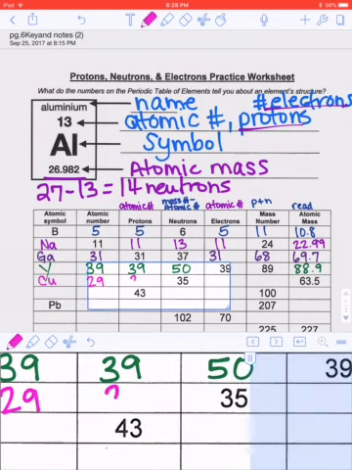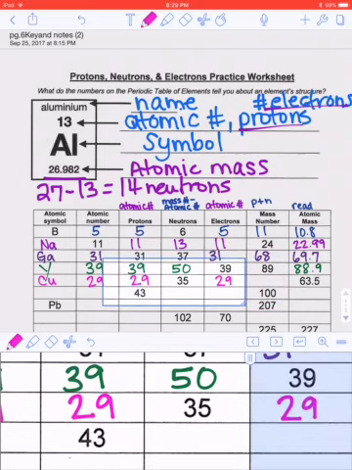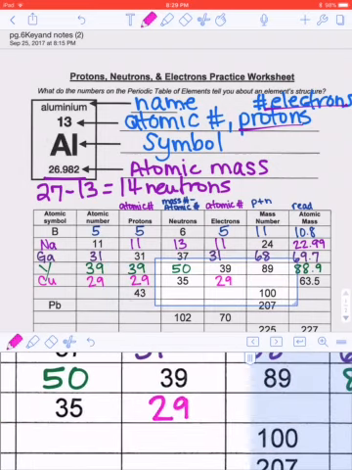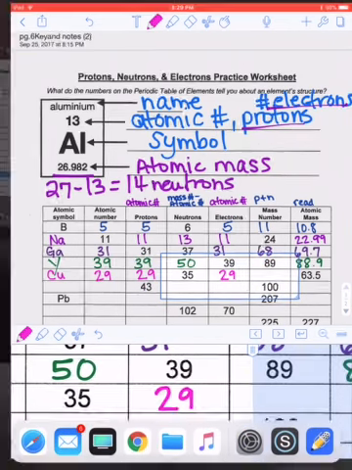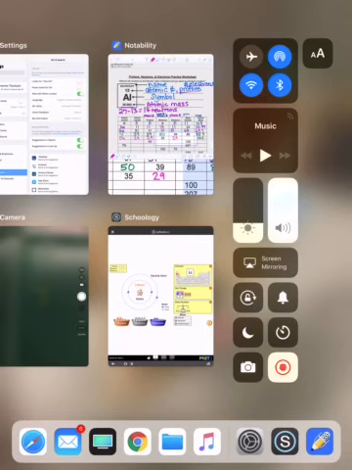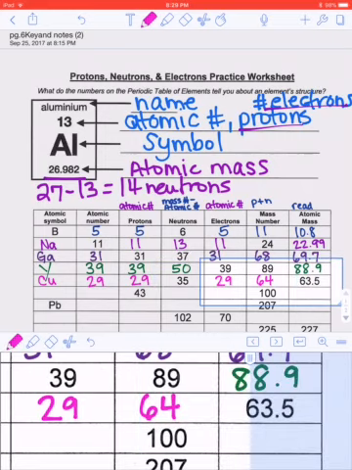Its atomic number is 29, so that's the number of protons and electrons. And then to figure out the mass number, we add 29 and 35. So if you want to do that on your calculator, I would right now. You add 29 and 35, and you get 64 for the mass number.